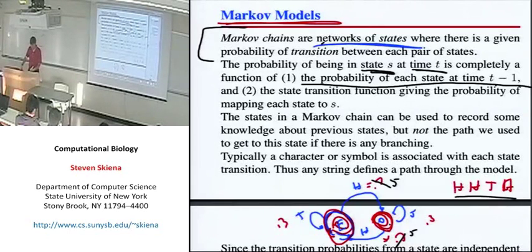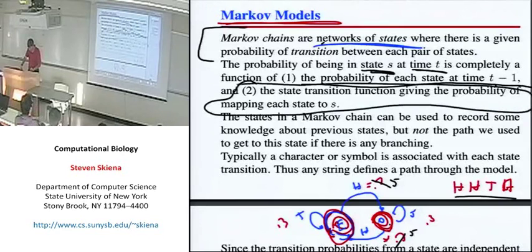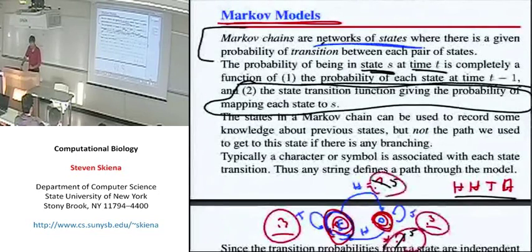This transition probability is a property of the model, right? The transition probabilities here are the 0.7, 0.3, 0.7. I think I had a 0.7 here, right?